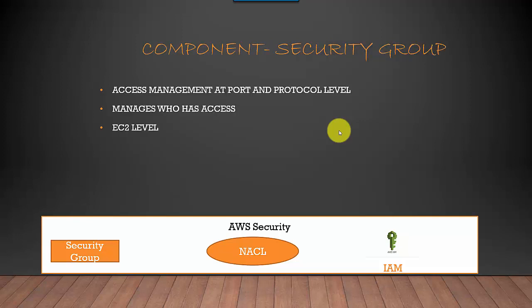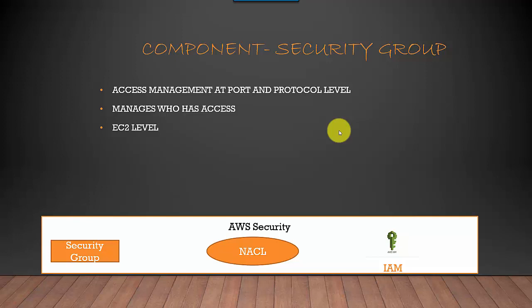So the first one we'll tackle is security group. Think of it as who can access a machine. So let's say you've got a laptop or a hardware which is sitting on the cloud, and who can access specific ports and protocols. It talks about what ports and protocols are open on that particular machine, and the machine is able to talk, so it'll have inbound and outbound rules, so it's able to speak with someone on certain ports and certain protocols.